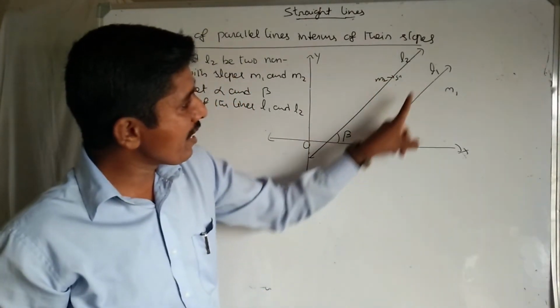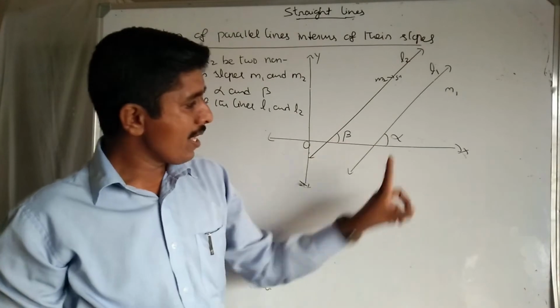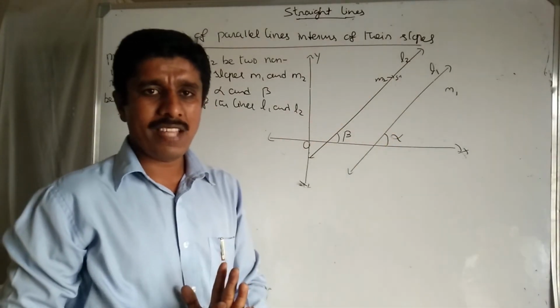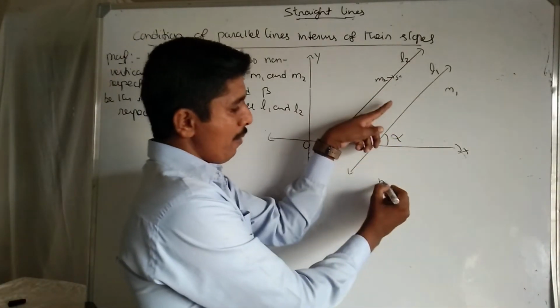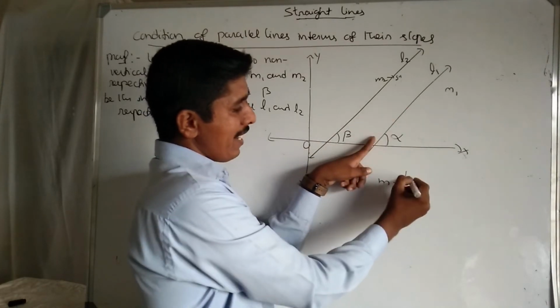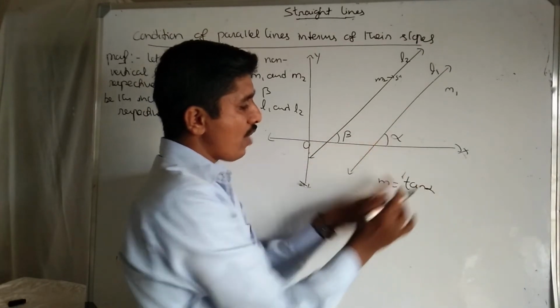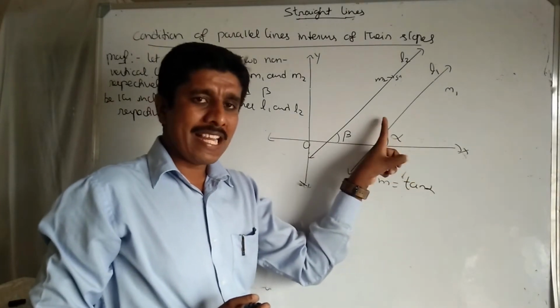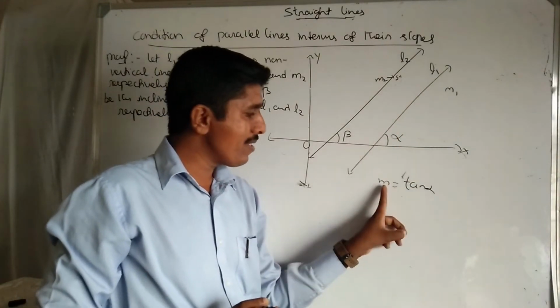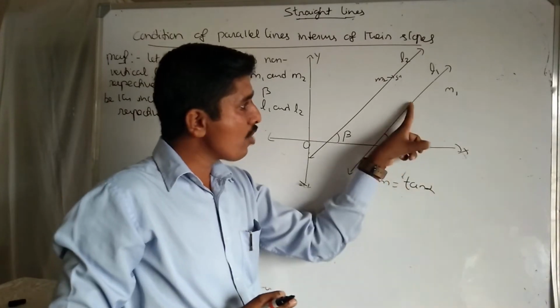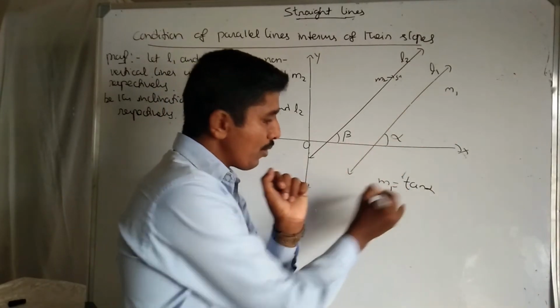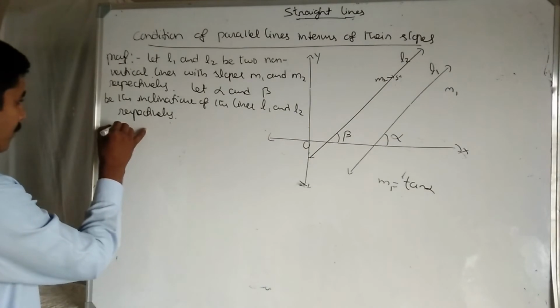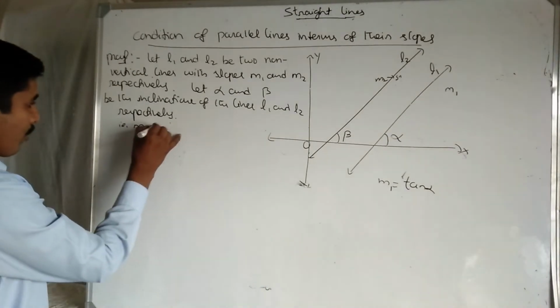Alpha is the inclination of the line, so what is the slope of the line? m equals tan alpha; tan alpha is called the slope of the line. So m1 equals tan alpha.